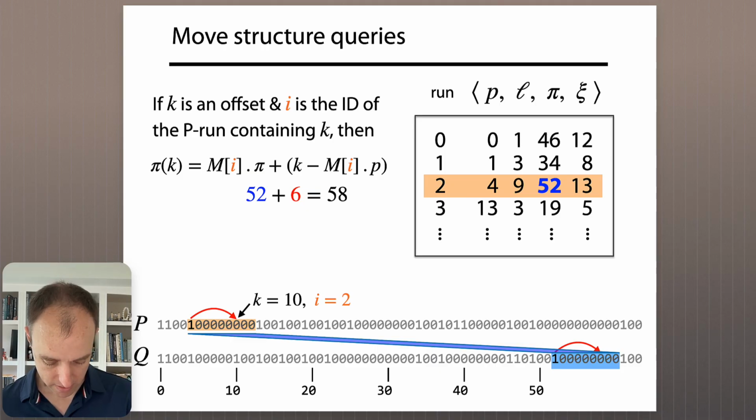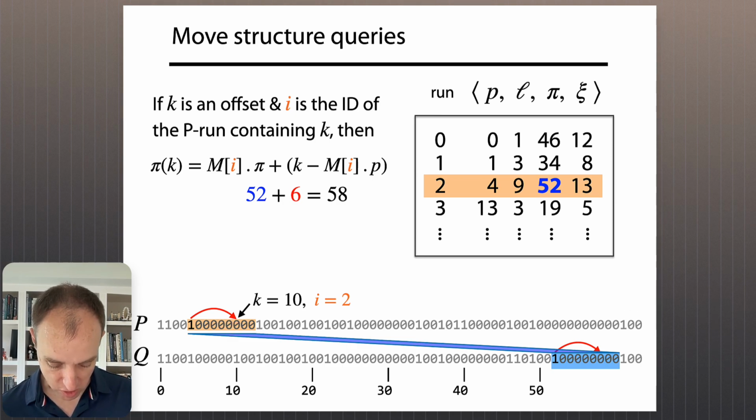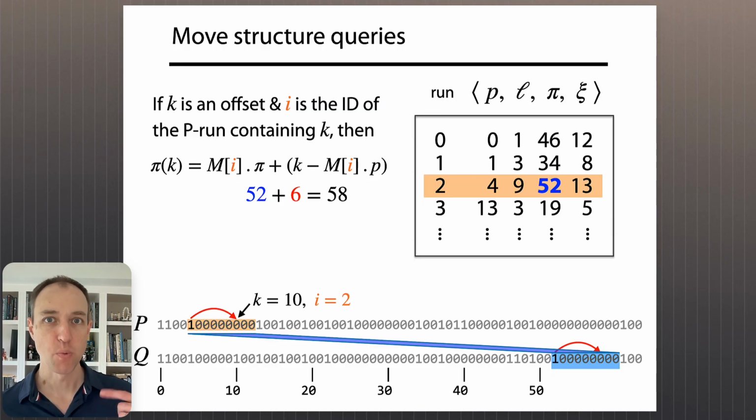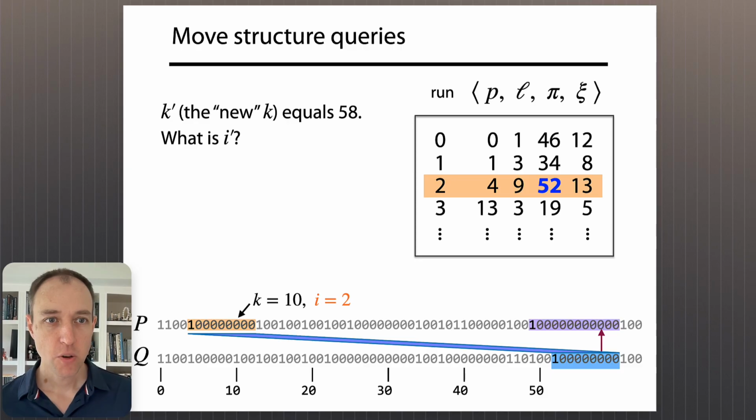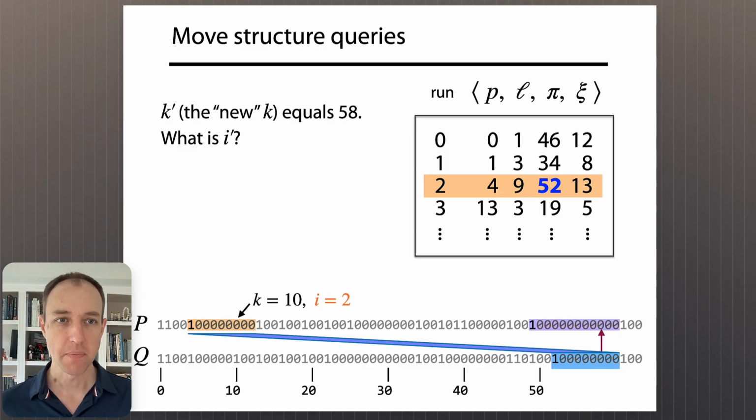If we just look at this picture, this is the parallelogram, this is how this entire block is being permuted. If we're 6 positions to the right of the run head, we map to 6 positions to the right of the run head's image. So far so good. So k prime is 56. Originally k was 10. When we moved through the permutation, we moved to 56. So we know the new k prime.